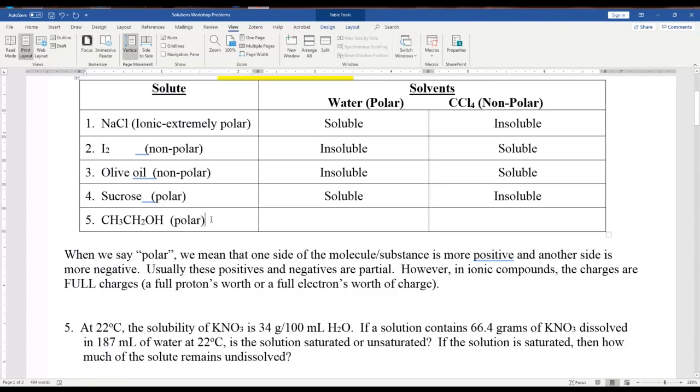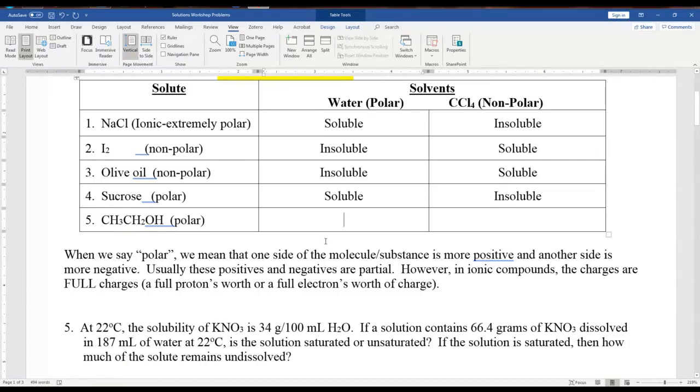I don't know if you've talked about the different types of intermolecular forces and hydrogen bonding yet in this course, but anytime you have an OH or an NH, that's hydrogen bonding, and that's going to cause things to be very polar because the OH bond is a very polar bond in and of itself.